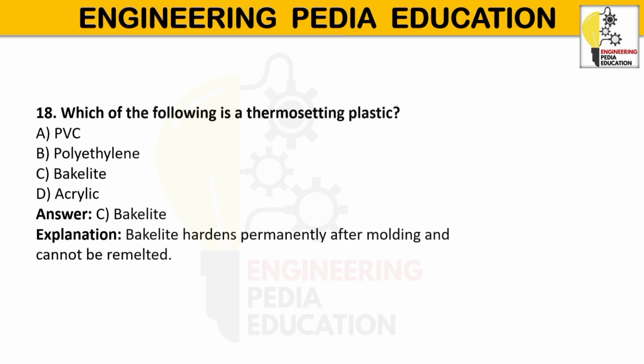Thermosetting plastics are ideal for applications requiring strength, heat resistance, and long-term stability. Although they cannot be reshaped after curing, their durability makes them valuable in construction, electrical systems, and industrial products.